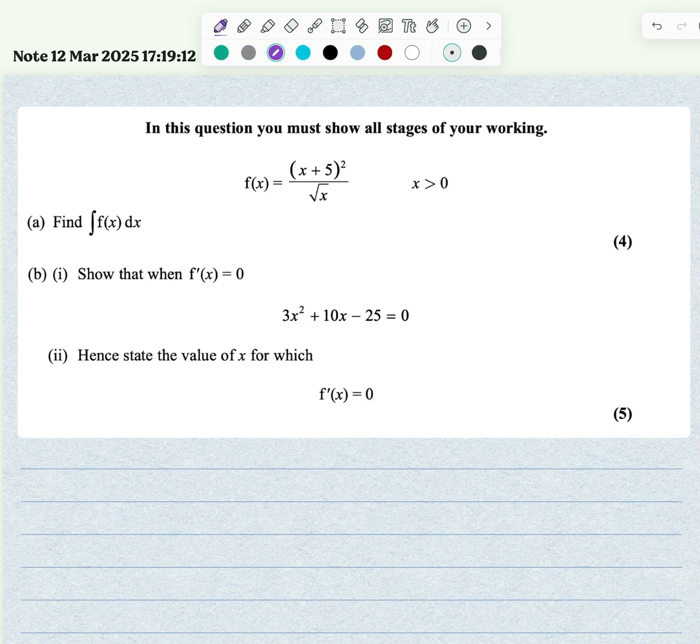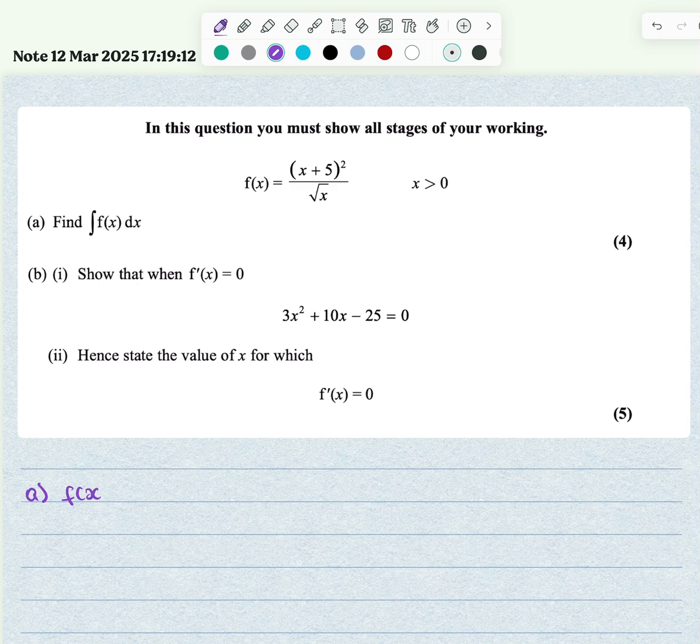Okay, so part A itself is just an integral of some complex function for x greater than 0. In order to solve part A, we should be writing this f of x as powers of x, because that's how we learned in P1.